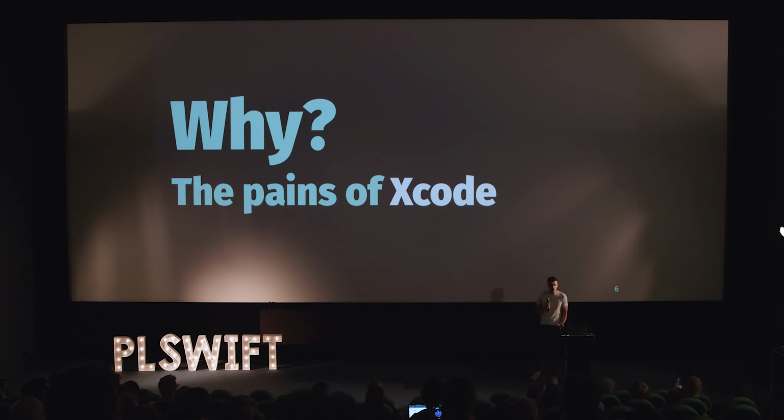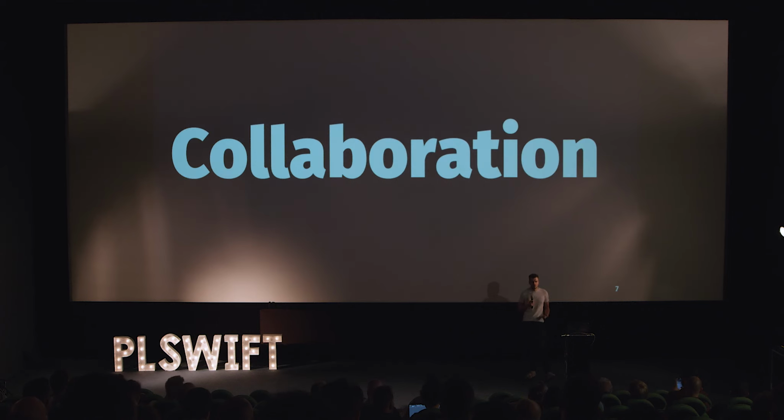So why would you even want to use XcodeGen? The answer is that we have lots of problems when using Xcode. Working with Xcode poses many problems, and one of them shows up when we start collaborating with our colleagues. Lots of you here probably work on your projects in a team.